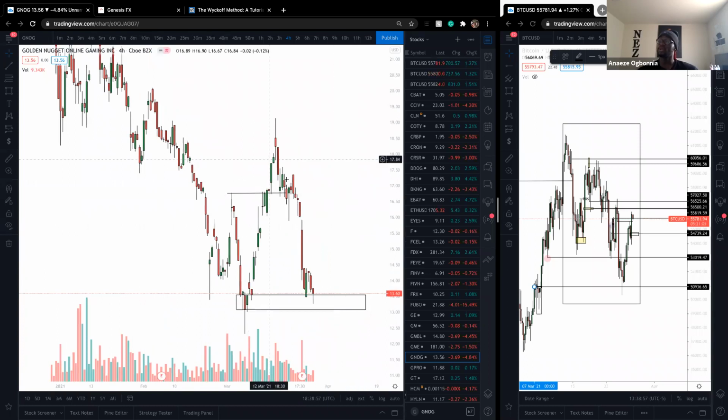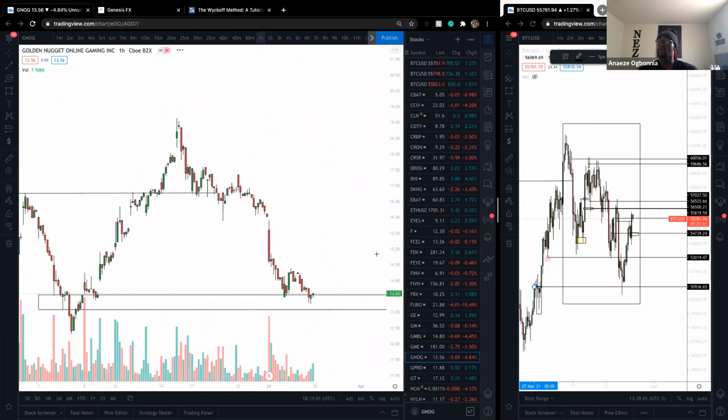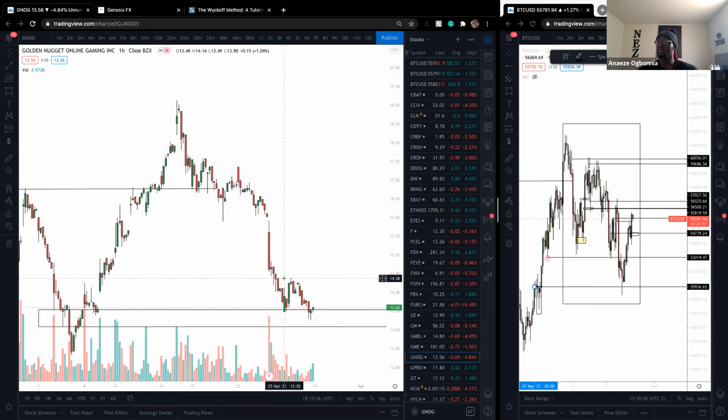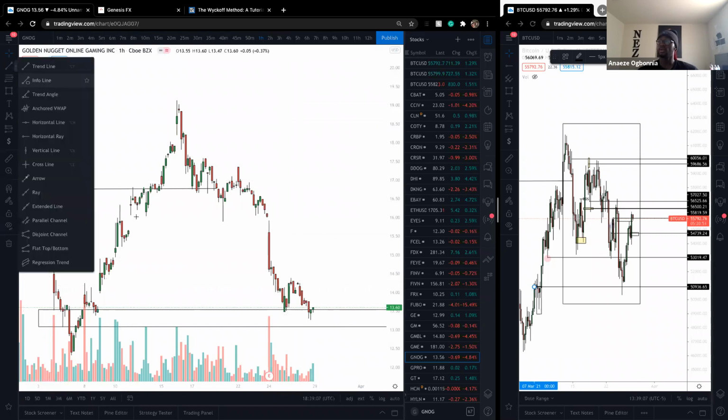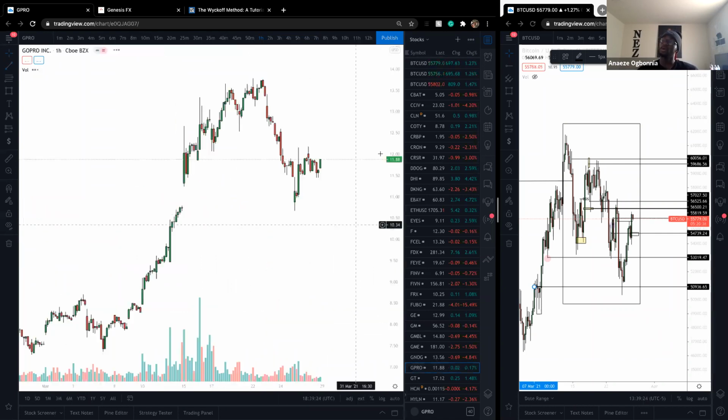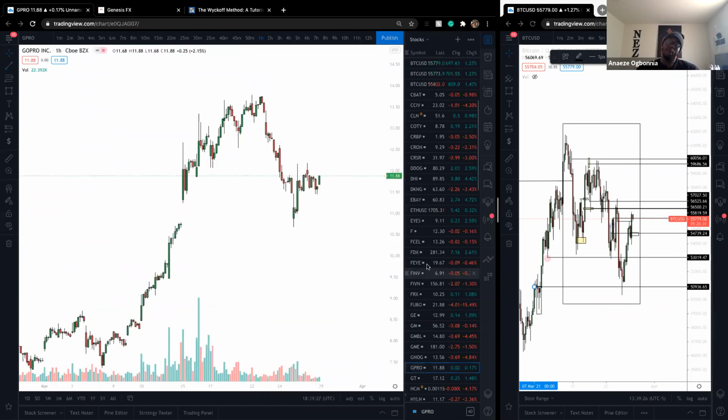So if I can see GNOG get above 14.42, then I'll look for a retest area to enter. There's nothing wrong with entering now, but I need volume to slow down. So once volume slows down, then I would consider entering. GPRO's bearish for now.